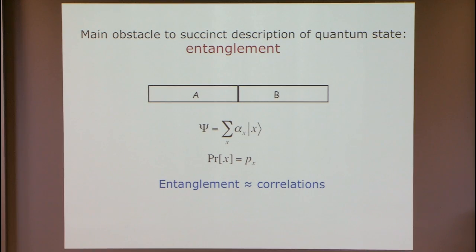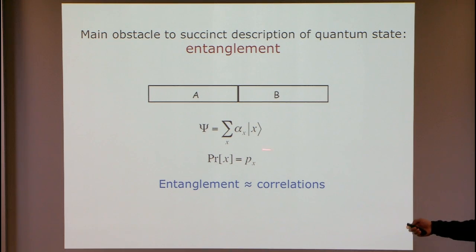It turns out that the way to understand this question is to understand something about entanglement. The main obstacle to describing quantum states succinctly is quantum entanglement. If you take your quantum system and divide it into two parts, A and B, then entanglement is the quantum analog of correlations between the two sides.